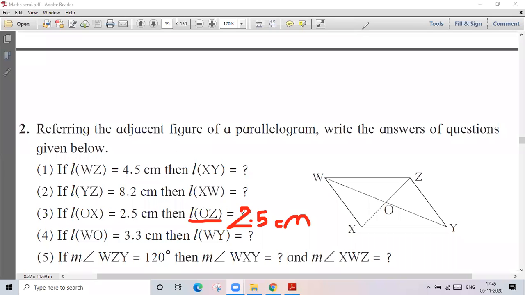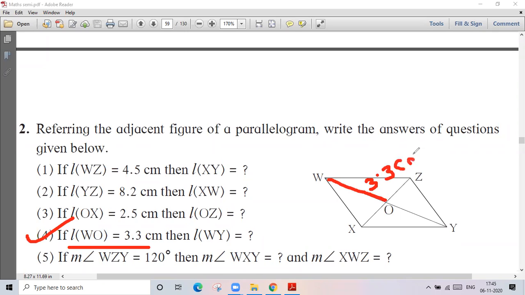Then next question. Question number 4. The length of WO is equal to 3.3 centimeter. Then we need to find out the length of WY.